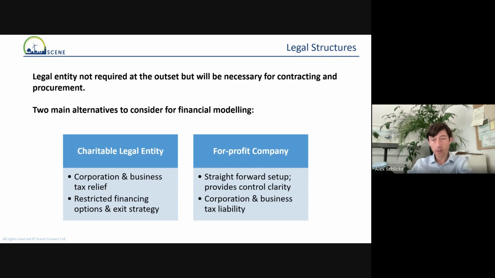There might always be bigger opportunities that come from having exit strategies available. So it's just to be aware of these things and think them through, and also understand that the types of professional services you might need, like tax advice or accountancy, will be different depending on which legal structure you take as an organization.